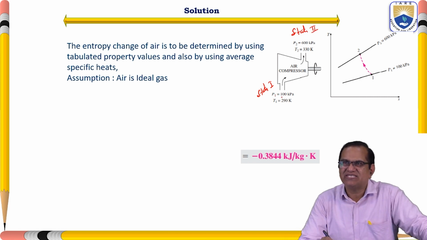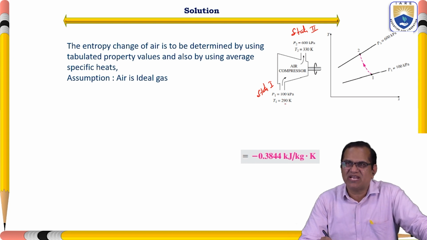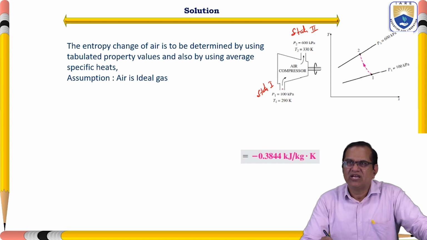From P1, this is the atmospheric pressure and the temperature is also nearly atmospheric, 17 degrees centigrade plus 273, it becomes 290. It is entering inside and the compressor is driven and it is compressing to 600 kilopascal, means 6 times, compression ratio is 6, T2 is equal to 330 Kelvin.